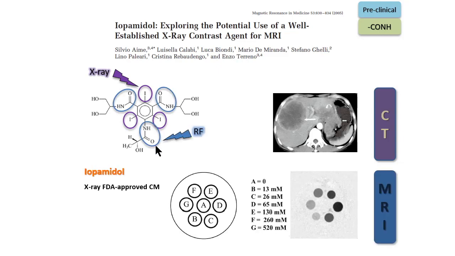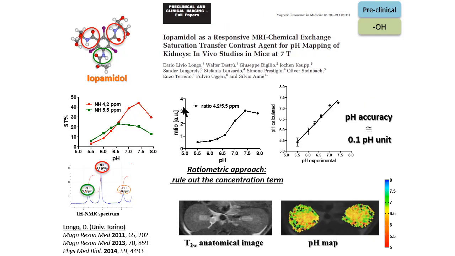We limited ourselves to the amide protons, and inside the same molecule of iopamidol there are two different amide protons, with two different chemical shifts. So this agent, usually used as a CT contrast agent, may be applied in MRI, and in particular for mapping the pH.